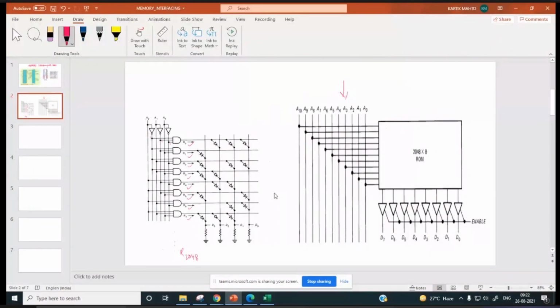So based on this address sent between say 000H to 7FFH, one of these 2048 locations will be enabled. And then if you make this pin active, then data from that location will come out. In microprocessor, this pin will be treated as read bar.